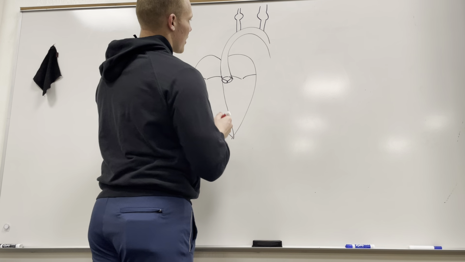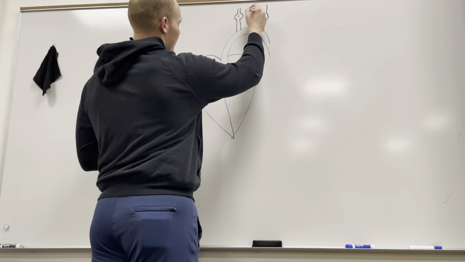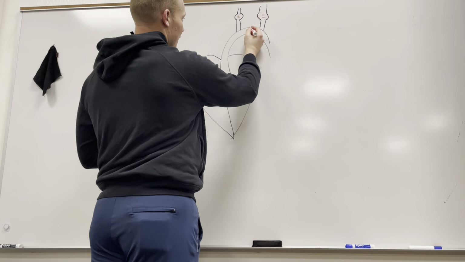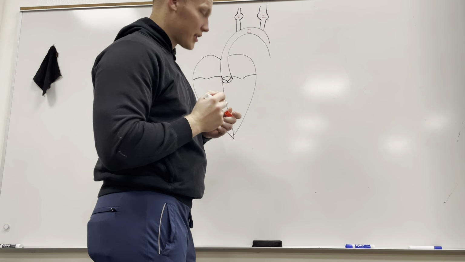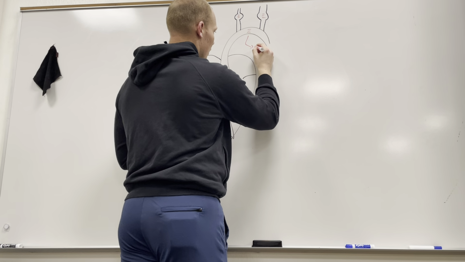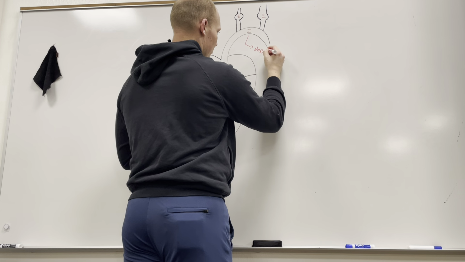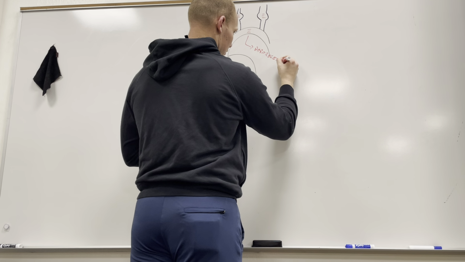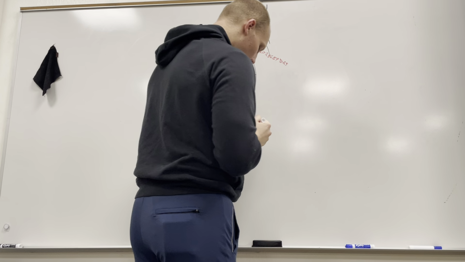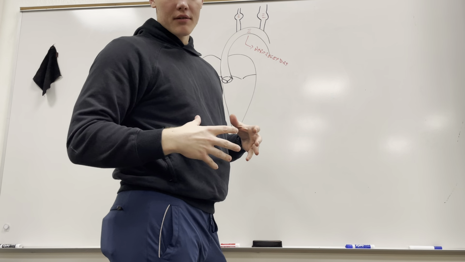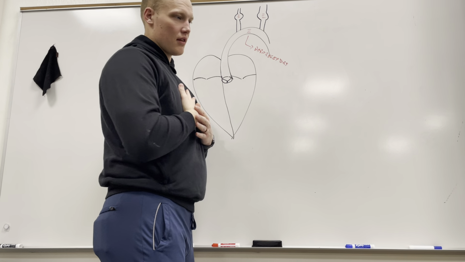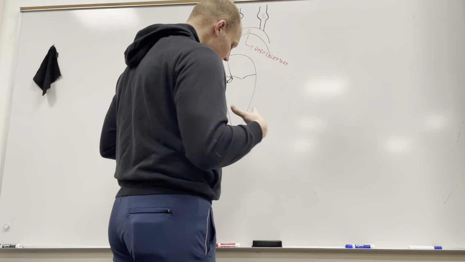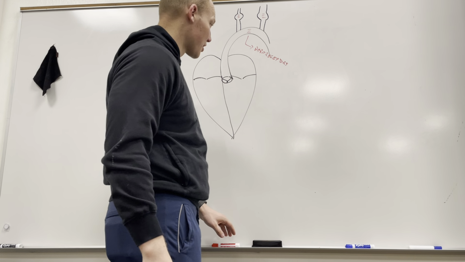So in our aorta and these carotid sinuses, we have some receptors. These are our baroreceptors. What they do is they are a pressure receptor. They sense changes in pressure.